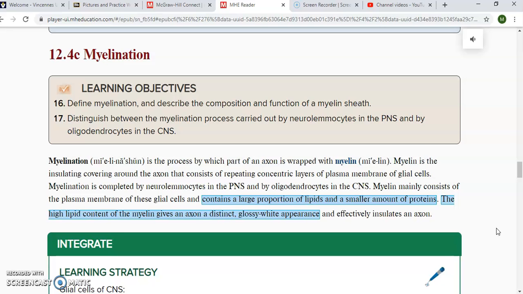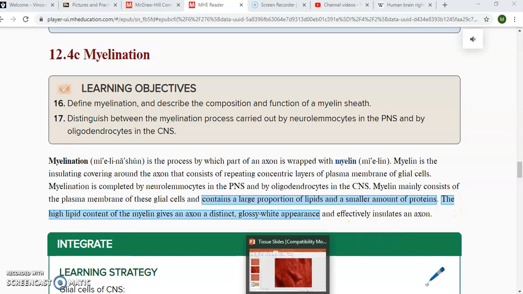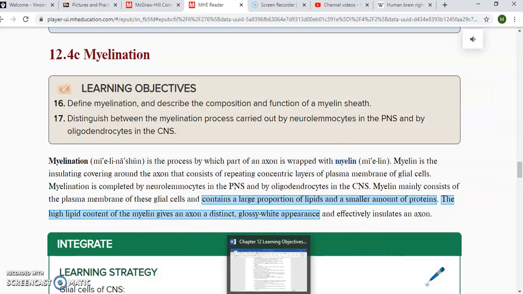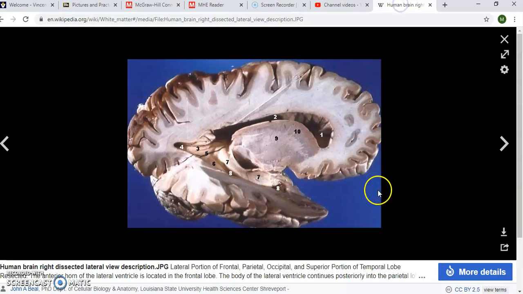When we are looking in lab at the brain and the spinal cord and we cut through them, we will notice that there are some areas that are white and some areas that are a darker color.